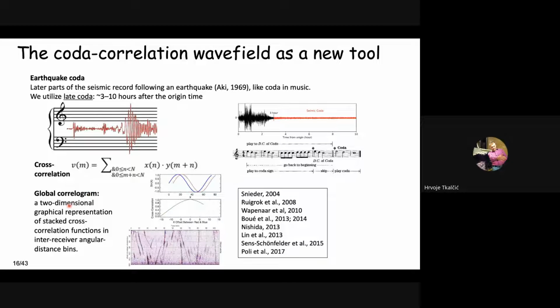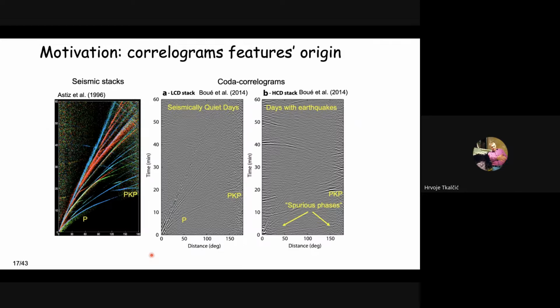And the third thing that I want to mention is a global correlogram, which is shown here at the bottom. I'm going to demystify this plot in a second. It's a beautiful 2-dimensional plot that looks very much like the travel time sections. But I will show you some studies from when we started working on this back in 2017, 2018; this was state of the art.